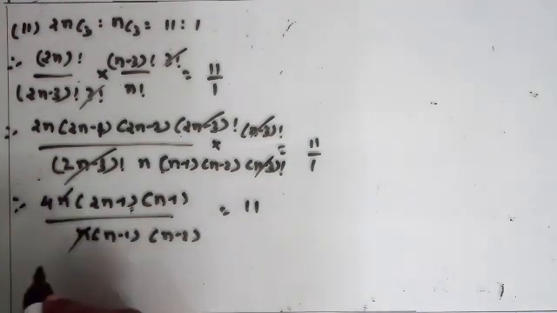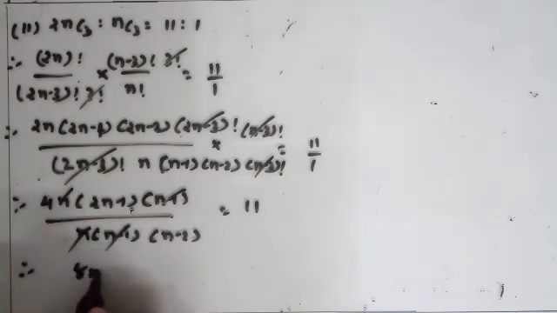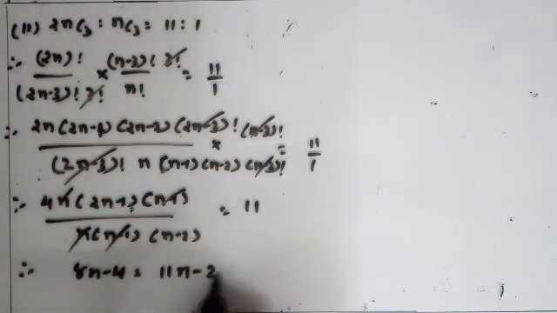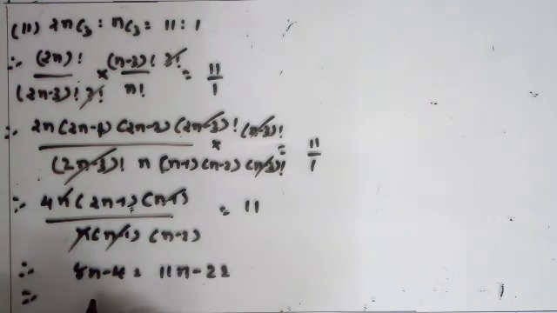Here n cancels, n minus 1 cancels. So 4 takes inside: 4 times 2n is 8n, minus 4, is equal to 11 times (n minus 2), that is 11n minus 22. Therefore 8n takes this side. So 11n minus 8n becomes 3n, is equal to 22 minus 4, which becomes 18.